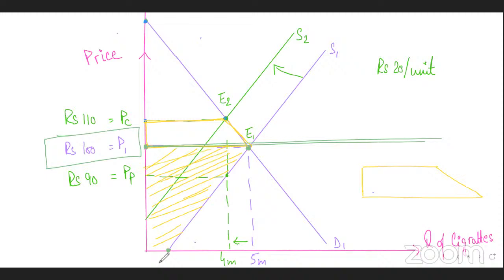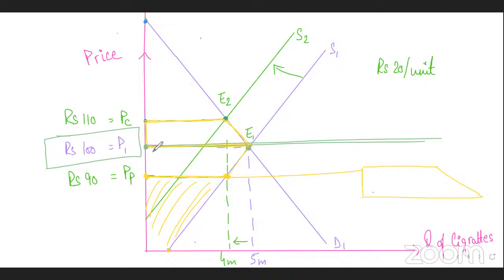Now what happened when the government imposed indirect taxes? It's this price that producers are receiving now. PP is the price that producers are receiving now. So your new producer surplus would be the area below price and above supply. So it will be just this region.